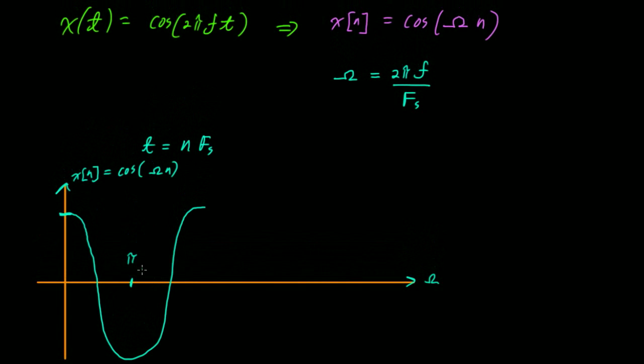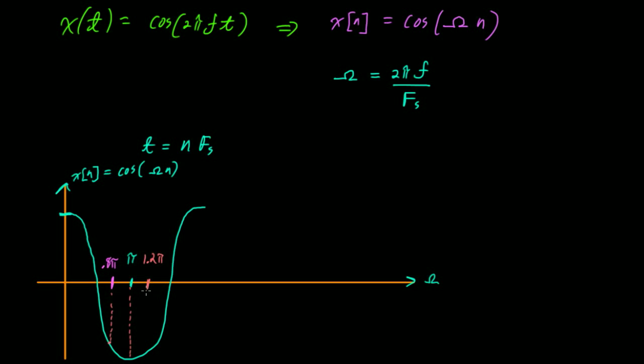So what you should have talked about in class on Wednesday is that if you look at a point here, let's say this is 0.8 pi, and you look at a point here, which is 1.2 pi, these should be equal, right?